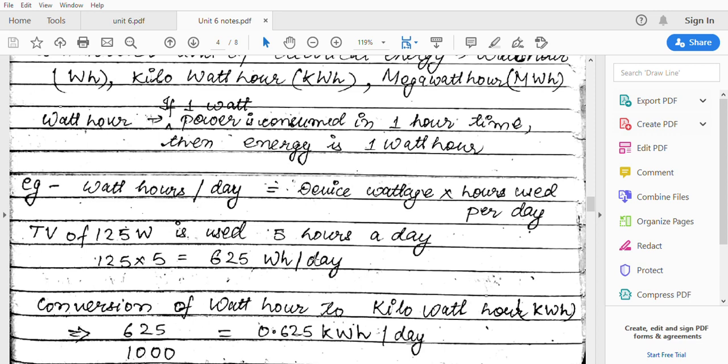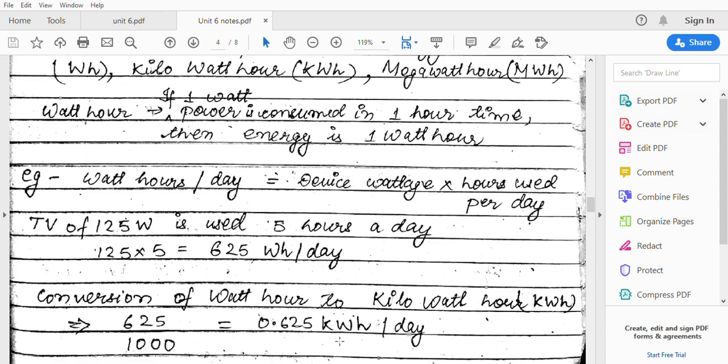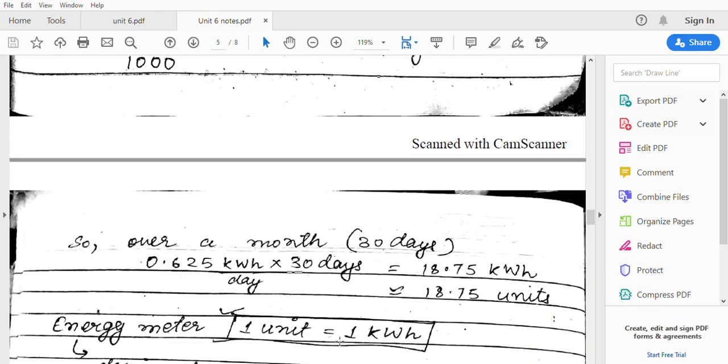Now this watt hour per day, if you want to convert into kilowatt hour per day, means if we want to add prefix of kilo over here, then surely we need to divide it by 1000. So 625 divided by 1000 will give us 0.625 kilowatt hour per day our TV is consuming. So over a month, how much the TV will consume? Suppose we take a month of 30 days.